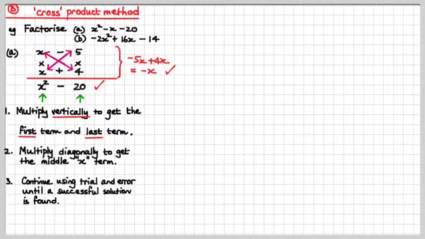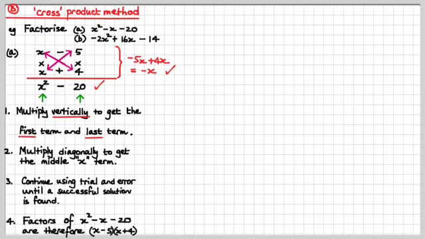If that doesn't work, if you haven't quite got it right, then you continue using trial and error until a successful solution is found. For example, for 20, I could have done 10 and 2 or 20 and 1. And I would have found out that this cross diagonal multiplication would have yielded the wrong x term over here. So you'd have to have another go and try again with different factors. That's what you do with this method, okay?